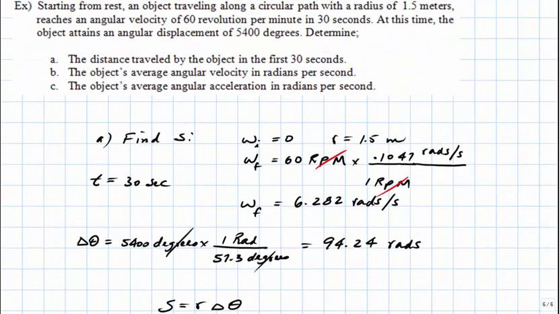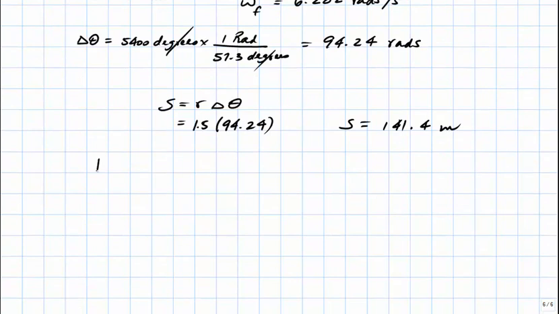In part B, we need to determine the object's average angular velocity in radians per second. Now, the symbol for average angular velocity is omega with a bar, and the equation for omega bar is simply delta theta over delta t. We noted earlier that average angular velocity equals the angular displacement divided by time.